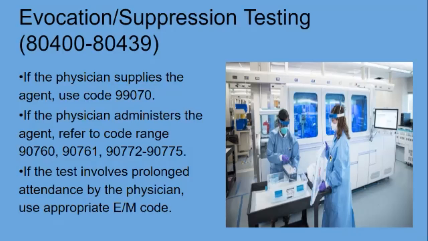Which codes are used to report supplies and drugs used in testing? 99070. If the physician administers the agent, refer to code range 90760, 90761, or 90772 through 90775. And which code is used if the test involved prolonged attendance by the physician? You would use the appropriate E&M code.